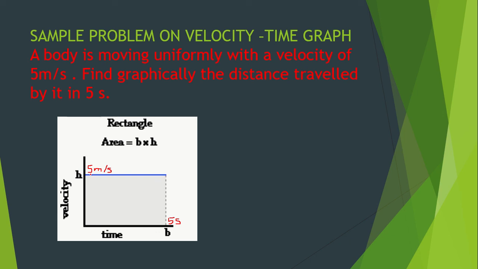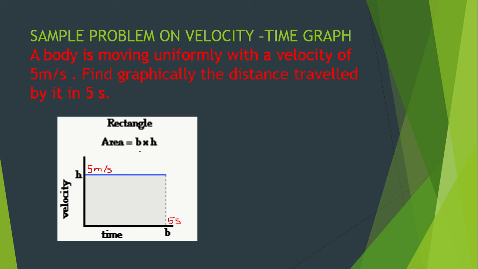It is 5 meter per second, and you can say that the area of this graph can be found by length into breadth. Here the breadth is taken as b and the length is taken as h. Okay, symbols you can take any.